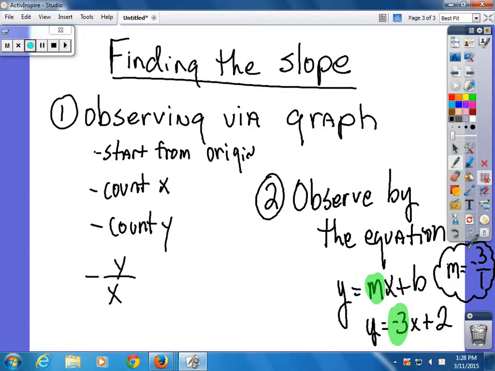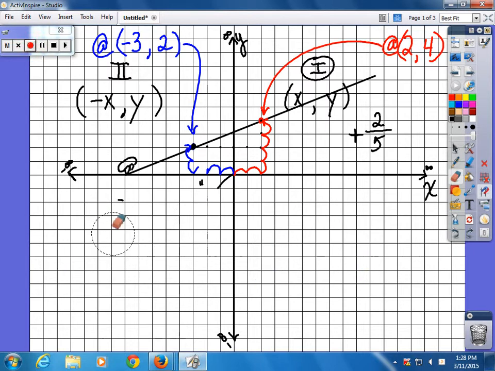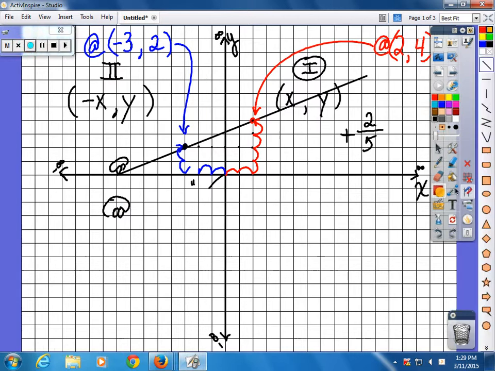Let's go look and see what a negative slope looks like. Well, let me erase all this stuff down here. Which way do we read? So I'm going to put me a little car right here. And I'm going to take my line maker and color it red, and put my dot right here. And somebody tell me what a negative slope would be.